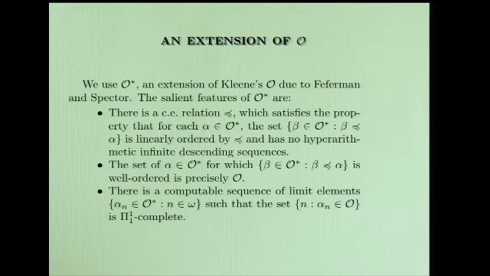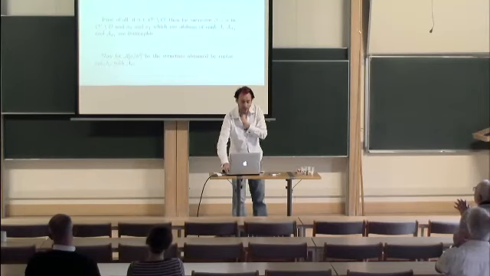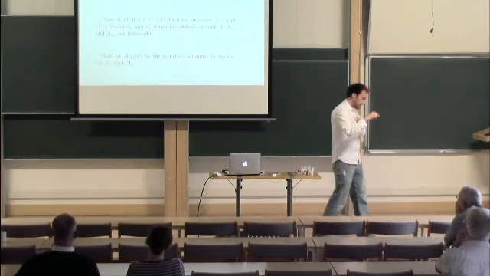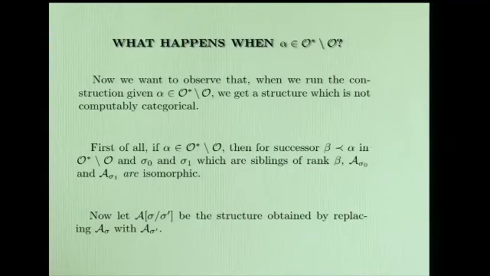Now we have to produce a structure given any notation in O star. When we're given a notation in O, we get a computable categorical structure. When we're given a notation in O star, we want it not to be computably categorical. Here's the first observation. If we run the construction for a notation in O star that's not in O, then this sibling condition fails.